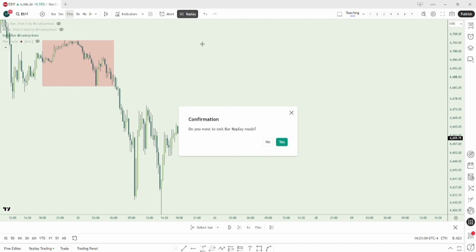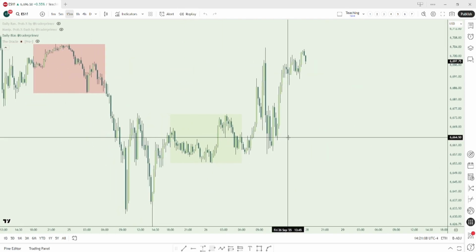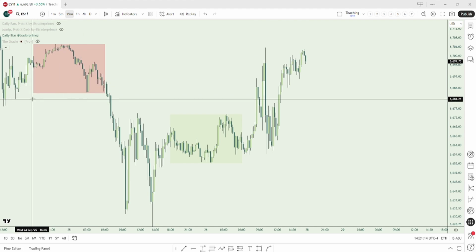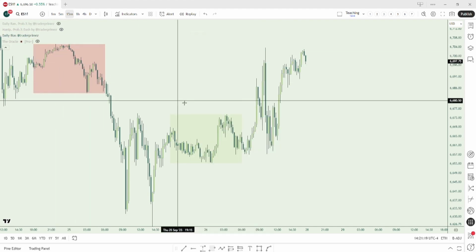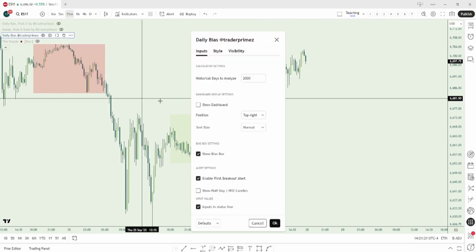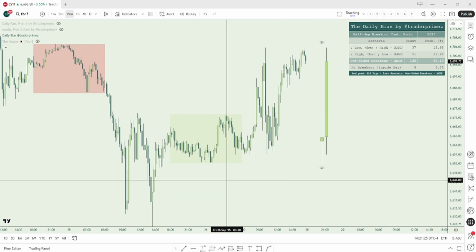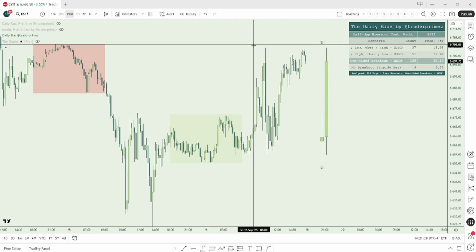Now, as far as your daily bias indicator is concerned, it simply quantifies your quarterly profiles, which are AMDX and XAMD. It simply plots your two 12-hour candles on your charts and tracks whether the second 12-hour candle breaks above the range or breaks below the range. If it breaks above the range, there's a 60% chance it is going to continue higher, AMDX. If it breaks below the range first, then there's a 60% chance it is going to continue lower, right?